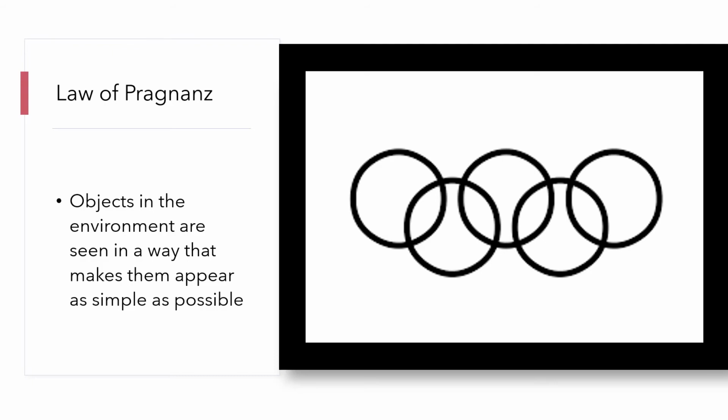Also, law of Pragnanz means tendency to make every psychological event simple, conscious, symmetrical, harmonious, and complete. So for example, you see the image as a series of overlapping circles rather than an assortment of curved, connected lines.